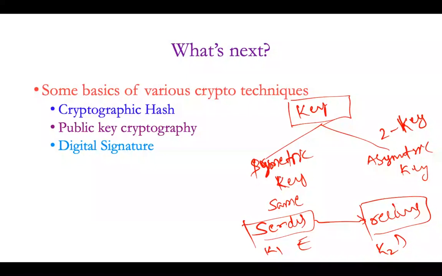So there the asymmetric key concept will be used. This asymmetric key concept we also call public key cryptography. In public key cryptography, one key is kept privately and one key is distributed to the public.